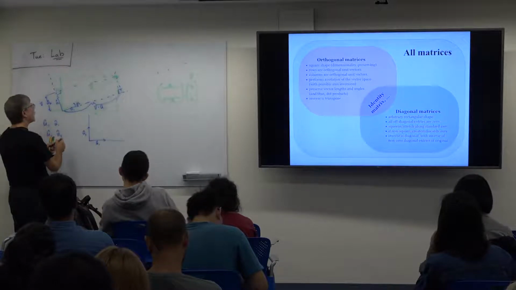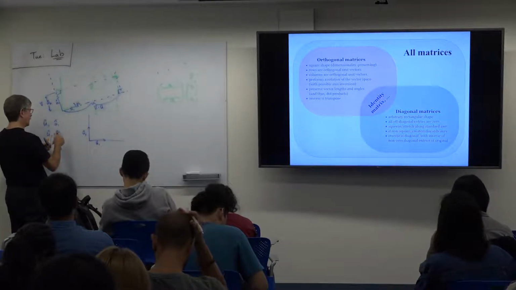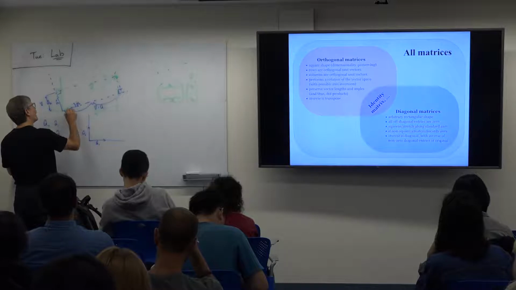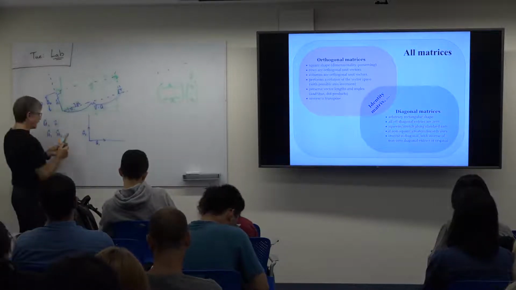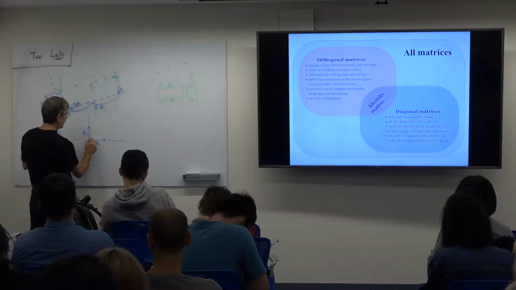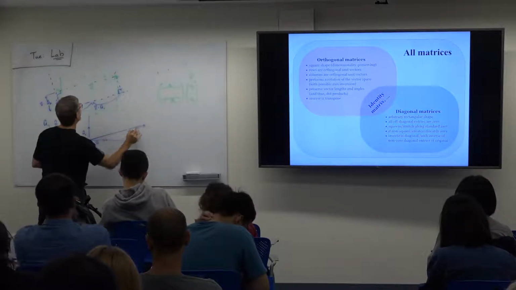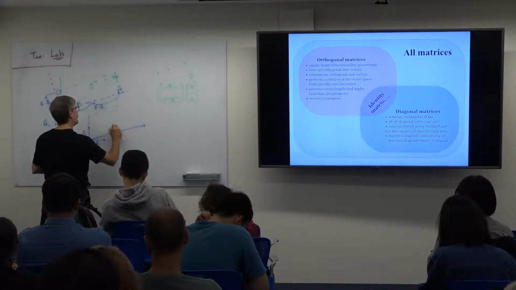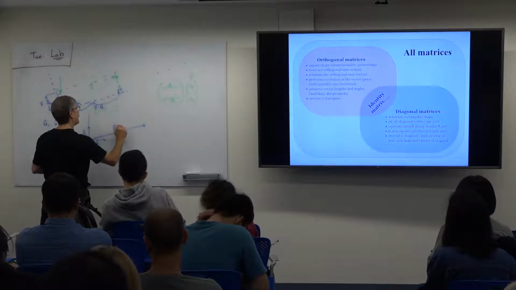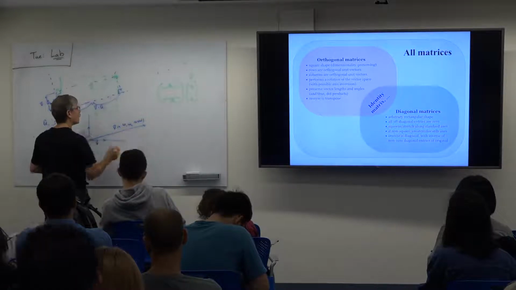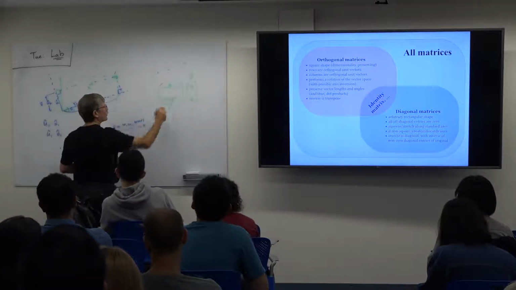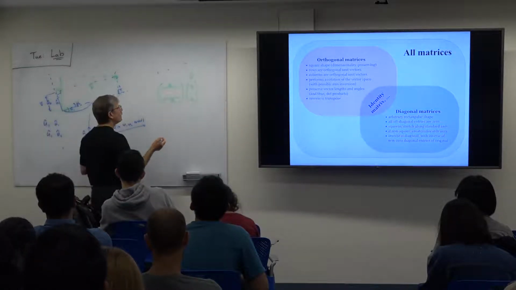The angle of v with respect to the old coordinate system was this big green thing. And now the angle with respect to the new coordinate system is theta 1. So here is v in u1, u2 coordinates, otherwise known as this matrix, which, what shall I call it?